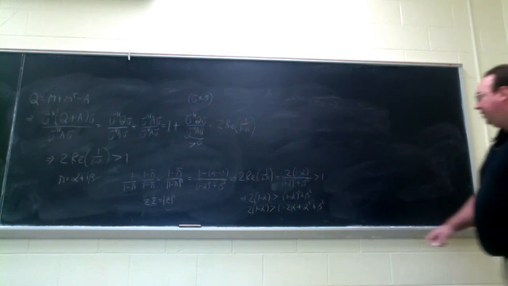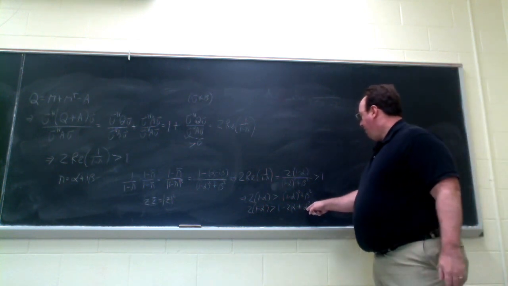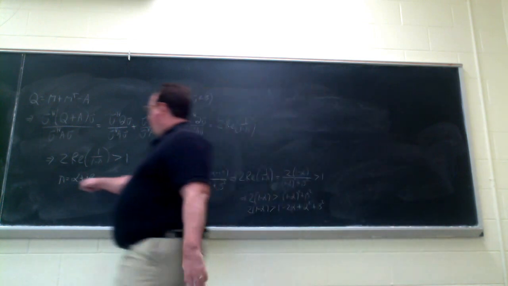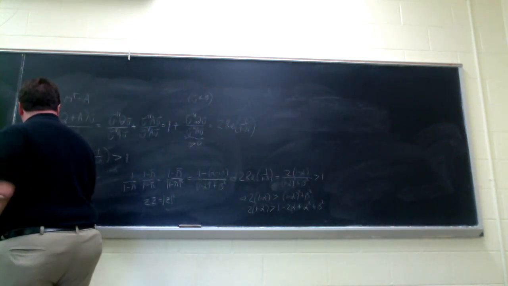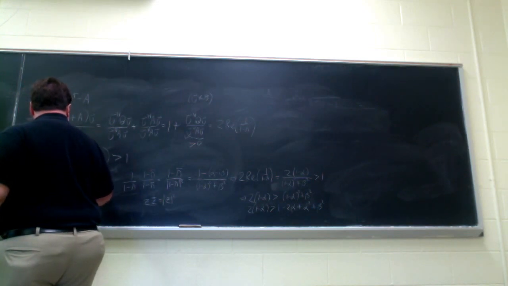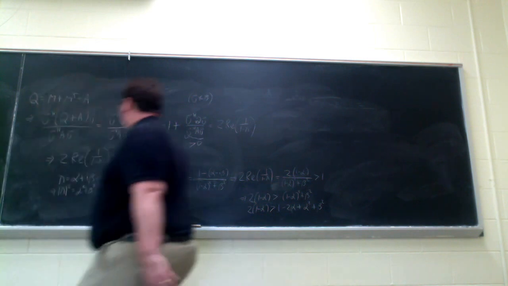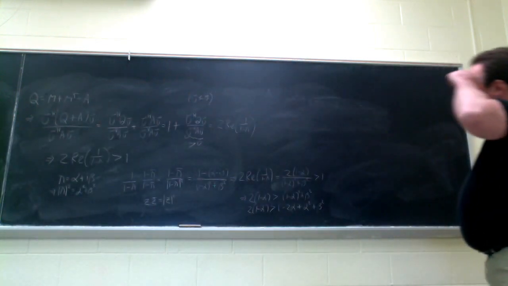But the thing is, this lambda is alpha plus i beta. That means that the absolute value of lambda squared is alpha squared plus beta squared. So that's convenient.